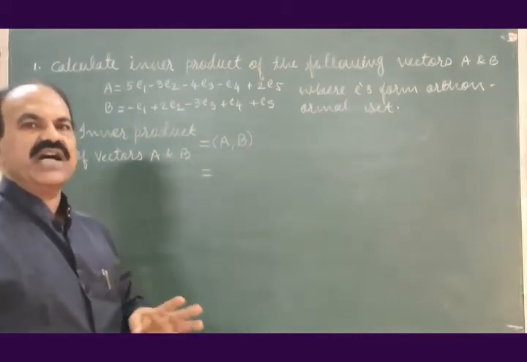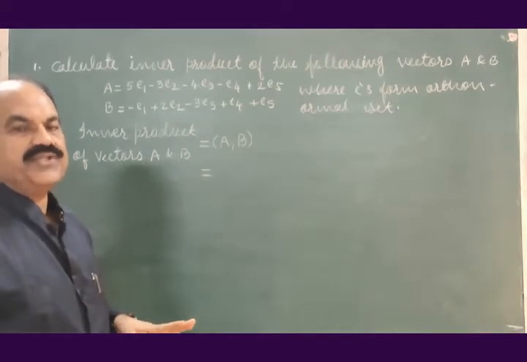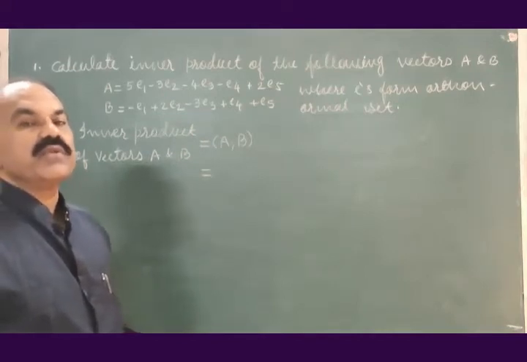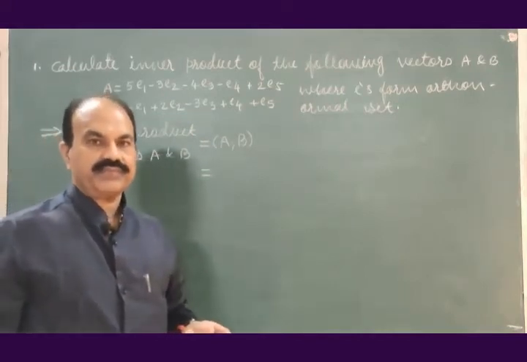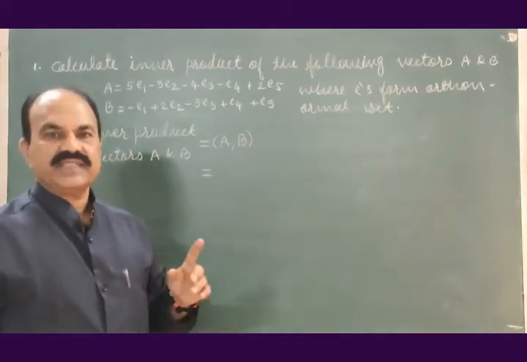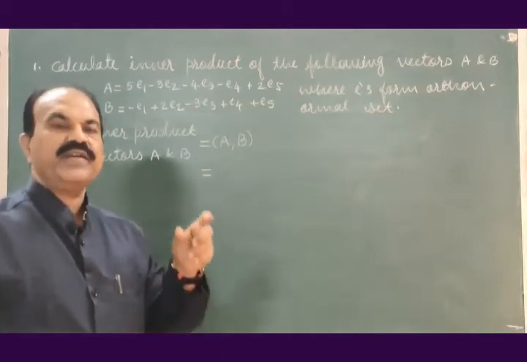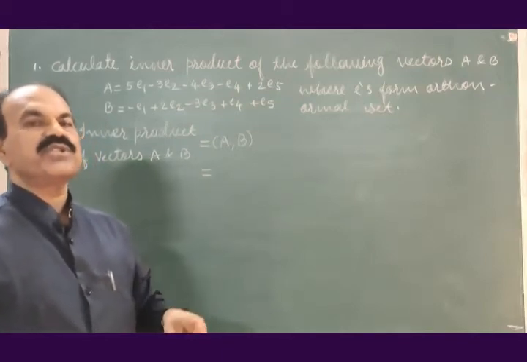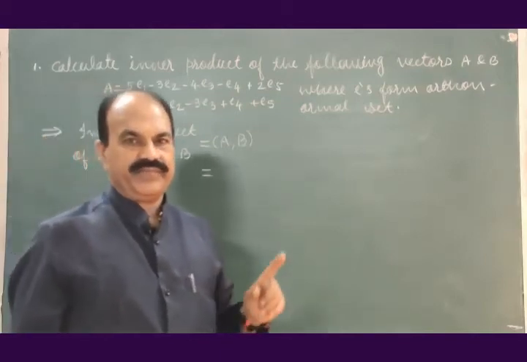Obviously, their values are unity. And so, what we have to do? We have to go for sum of corresponding products of components of vector A and B.